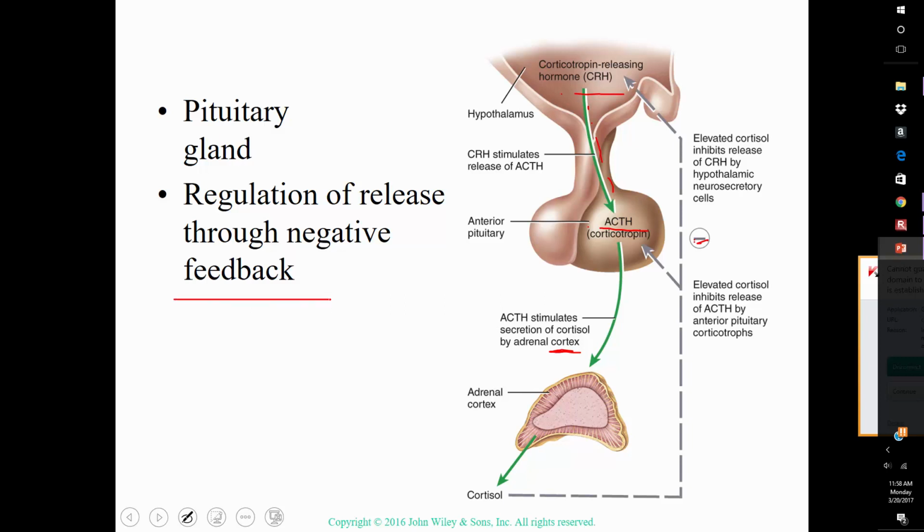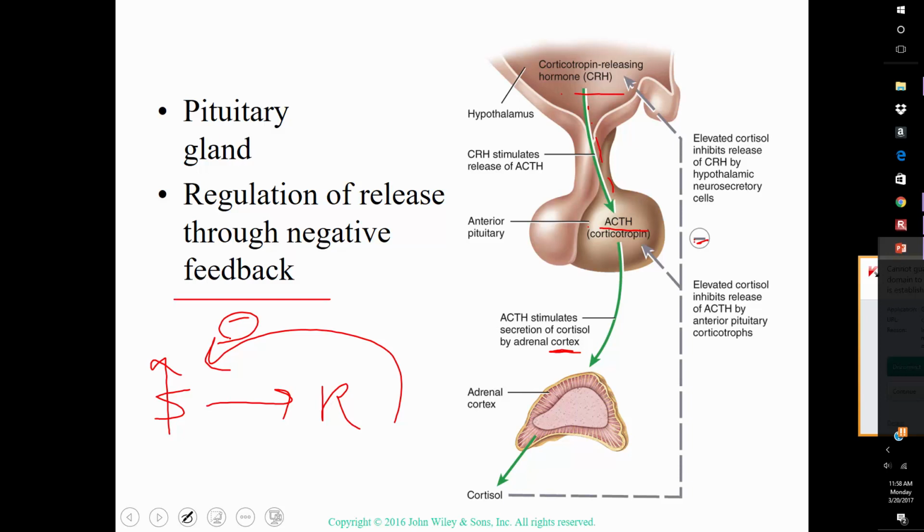And remember, what does it mean to have negative feedback? It means that if you have some stimulus, then you have a response that counteracts the stimulus. So if your stimulus is stress, you raise cortisol, and when the stress is over, you inhibit, you bring cortisol back down.